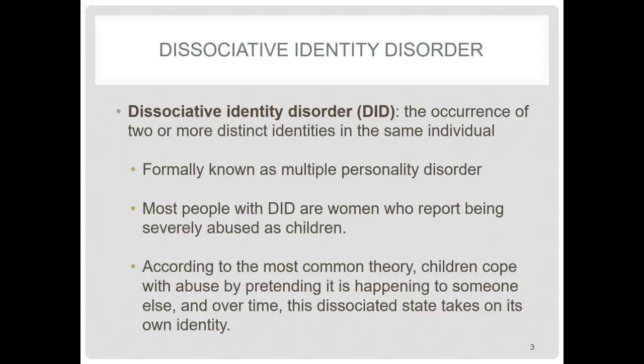And it's actually a survival mechanism. So the theory is that children cope with this abuse by pretending it's happening to someone else. And so they dissociate. Over time, this dissociated state takes on its own identity. So during traumatic events, those who develop DID are dissociating. They're being so severely abused and so frequently that they're dissociating a lot.